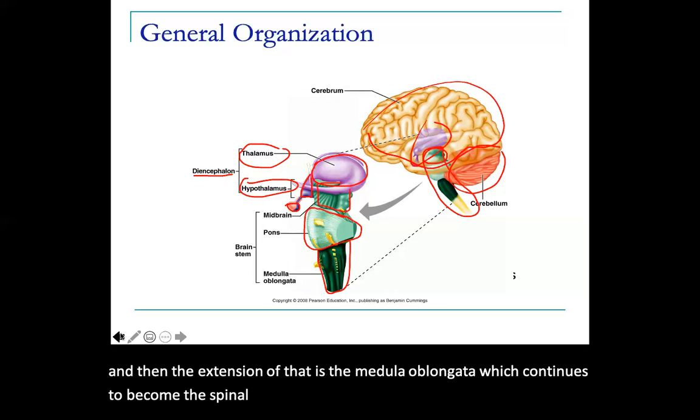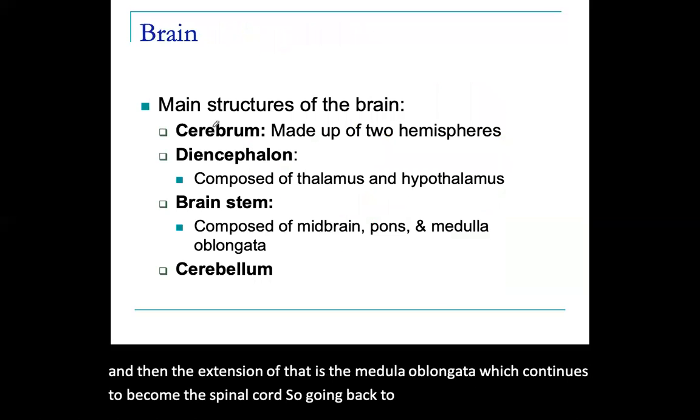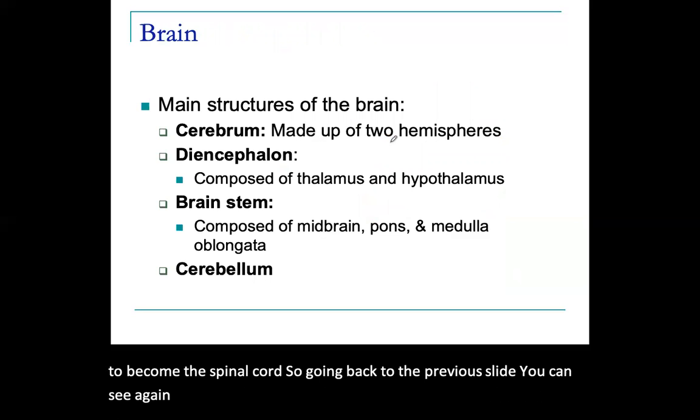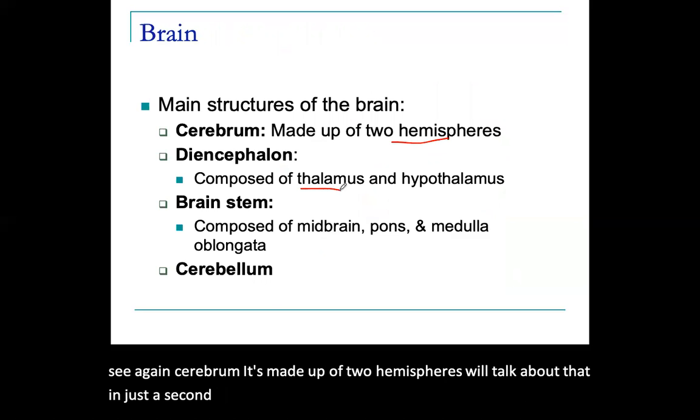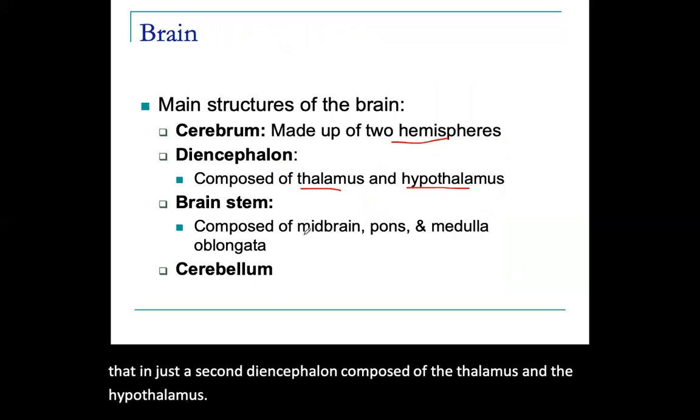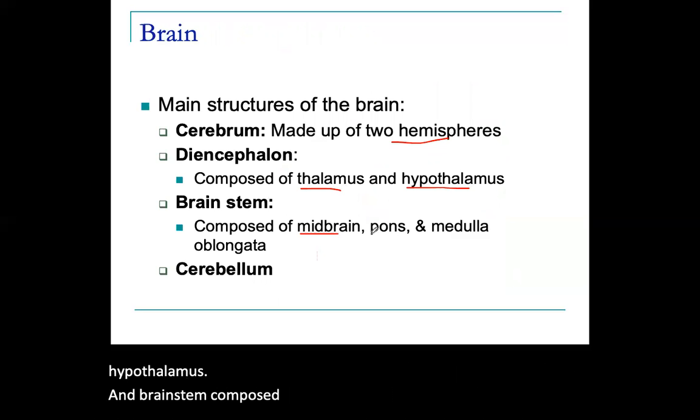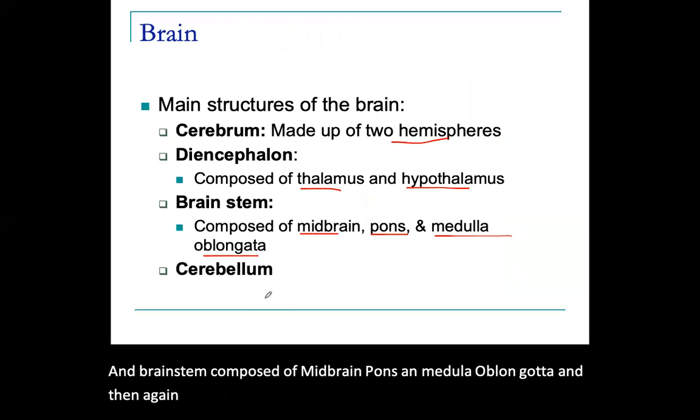So going back to the previous slide, you can see again cerebrum. It's made up of 2 hemispheres. We'll talk about that in just a second. Diencephalon composed of the thalamus and the hypothalamus. And brainstem composed of midbrain, pons, and medulla oblongata. And then again, cerebellum sits on the inferior posterior aspect of the brain.